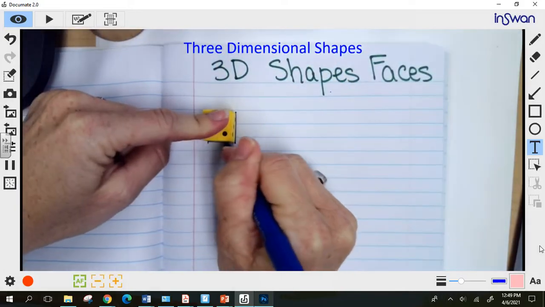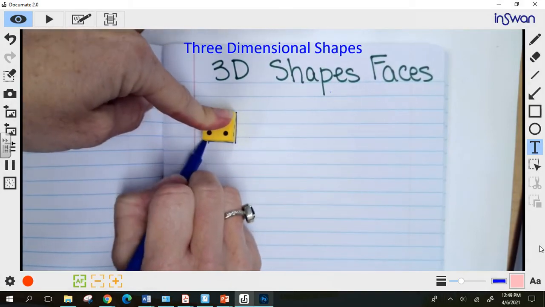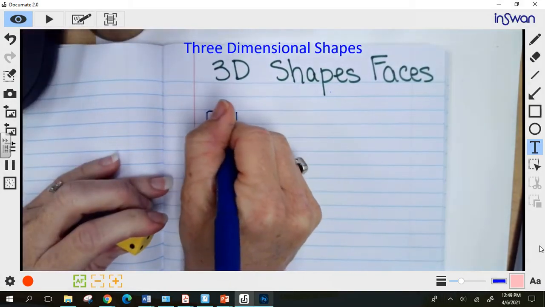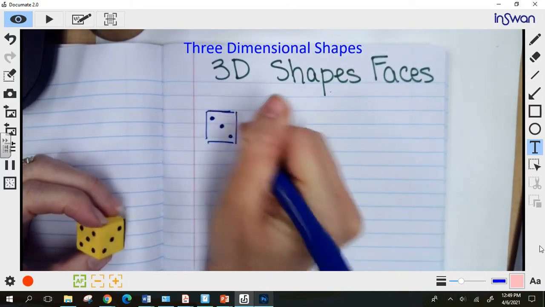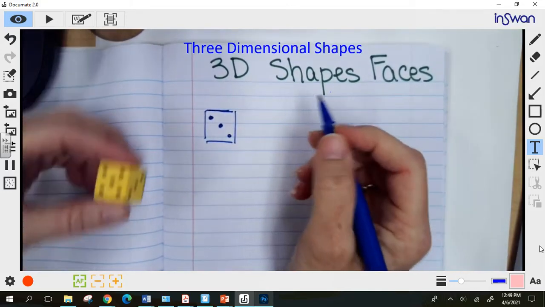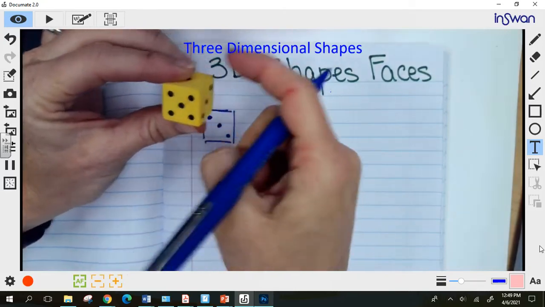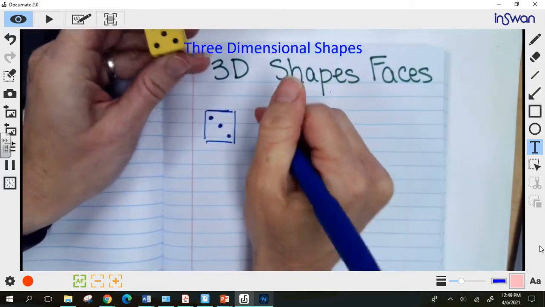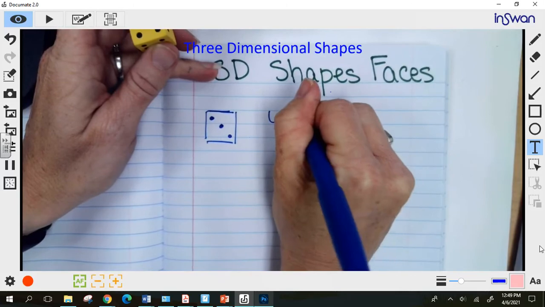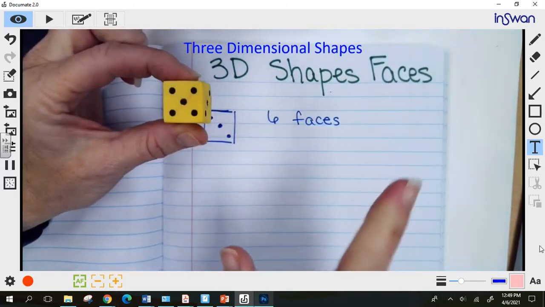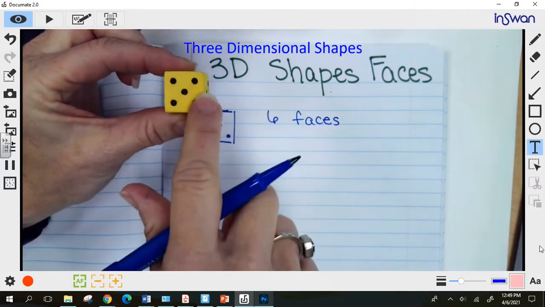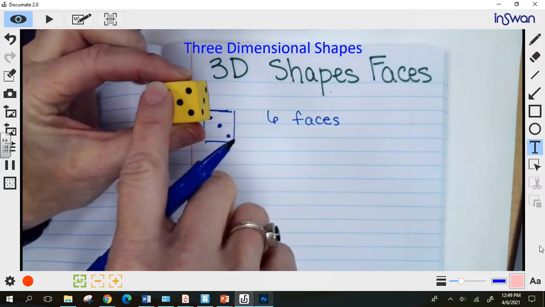So what I'm going to do is trace a face of my die, and I might even draw some of the dots so that it represents what I have. Now, I'm going to count my faces, 1, 2, 3, 4, 5, 6, and I'm going to discuss what I have on my object that I found. I have 6 faces. Now I'm going to count the edges, 1, 2, 3, 4. That's the top part.